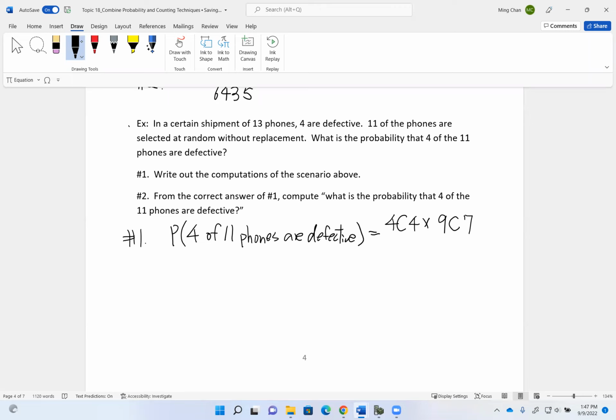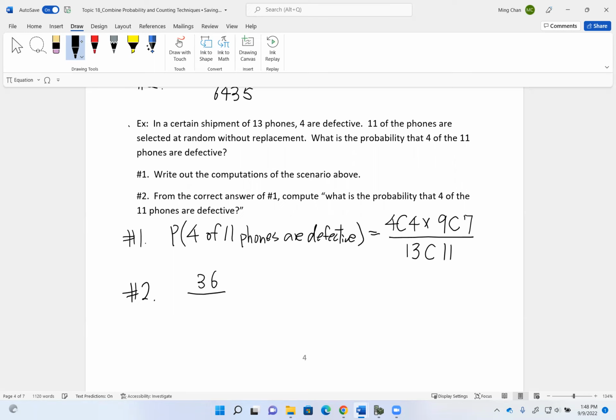Using multiplication because it's one task followed by the other, divided by, remember there are 13 phones total altogether in the shipment. I'm choosing 11 phones out, so this will give me the total number of ways of selecting 11 phones from 13. All right, so if you put this upper part in the calculator, that should be 36.